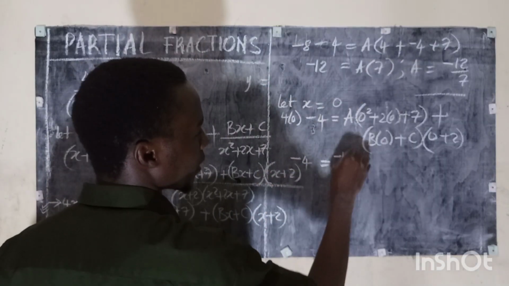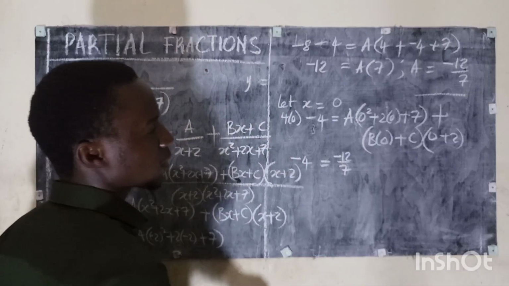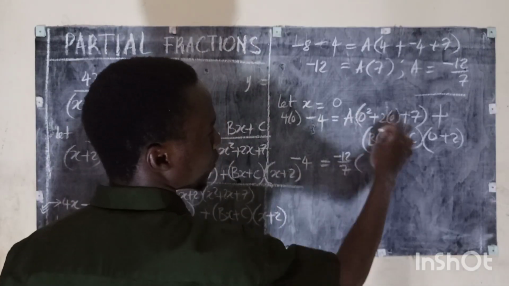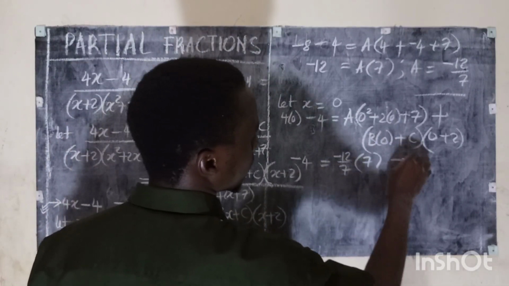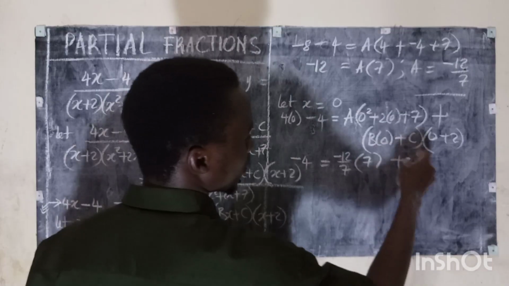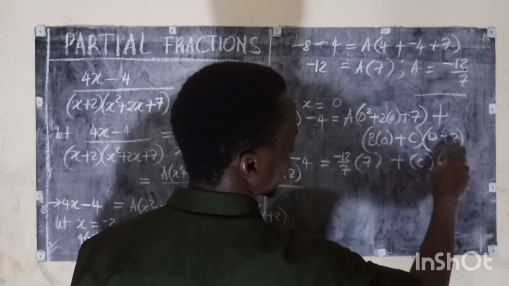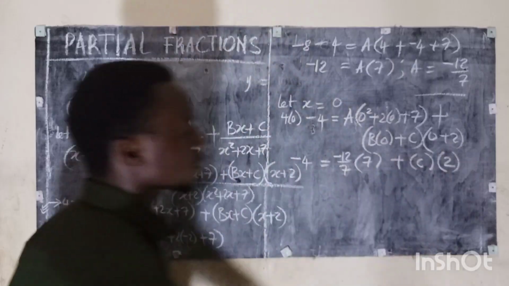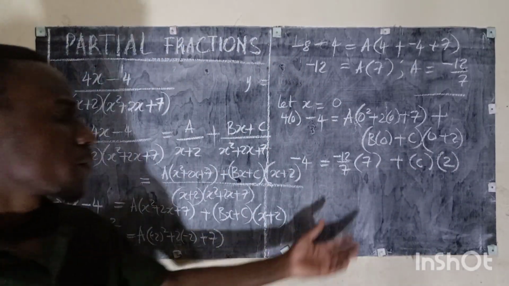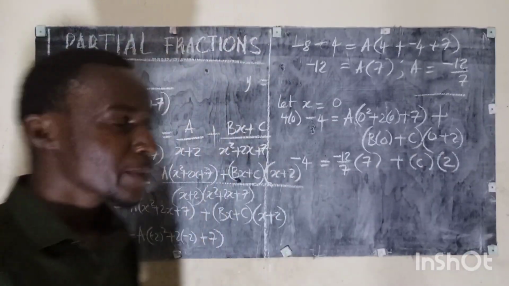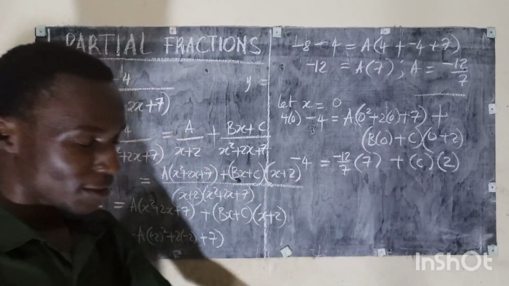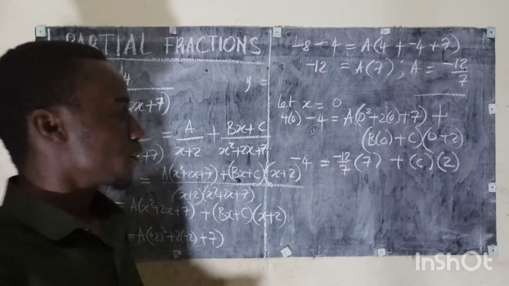We already know a. You substitute it there into a 7 plus c. This is a 0. So in this bracket we remain with a c. In this bracket we remain with a 2. So you realize the unknown in this statement is a c. So you find c. Then you continue.